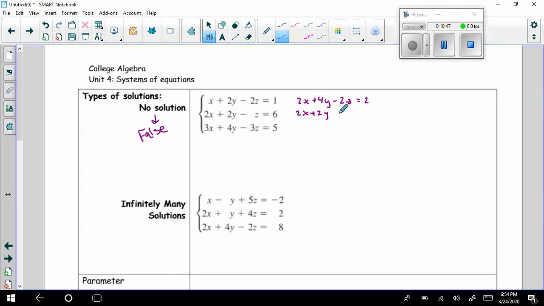You may have chosen to get rid of the y first. And we're subtracting down here. So there's one new equation. And then I'm going to take 1 and 3 and get rid of the x again. I'm going to multiply 1 by 3.